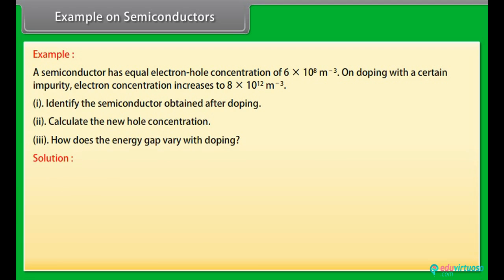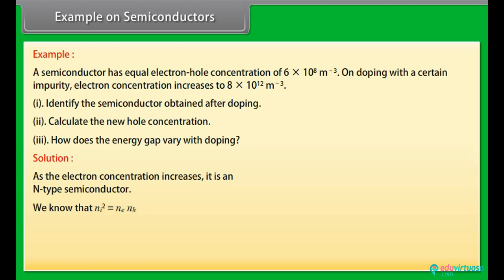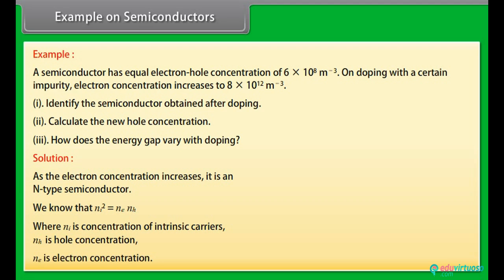Let's see the solution. As the electron concentration increases, it is an N-type semiconductor. We know that Ni square is equal to the product of Ne and Nh, where Ni is the concentration of intrinsic carriers, Nh is the hole concentration and Ne is the electron concentration.